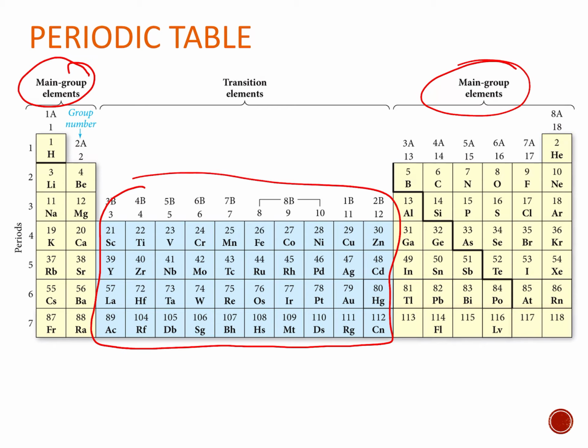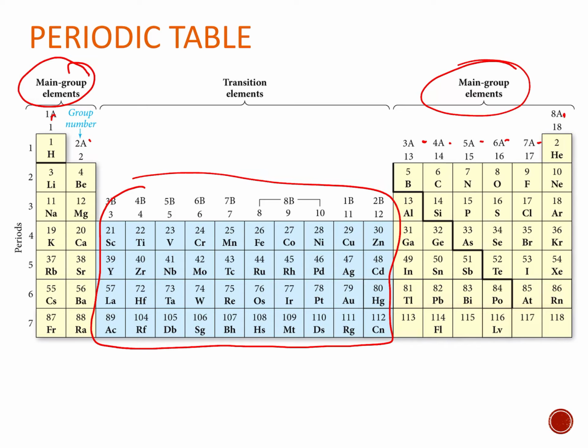We have two different ways of talking about the group numbers. The group numbers are these numbers on the top, like 1A and 1. If we're talking about the A series, then we number this as 1, 2, 3, 4, 5, 6, 7, 8. A lot of times that's how I will refer to them. I'll often drop the A and call them group 1, 2, 3, 4, 5, 6, 7, 8, which isn't quite right, but those are the ones that we normally talk about.